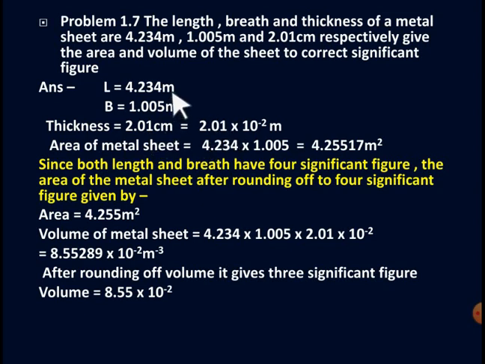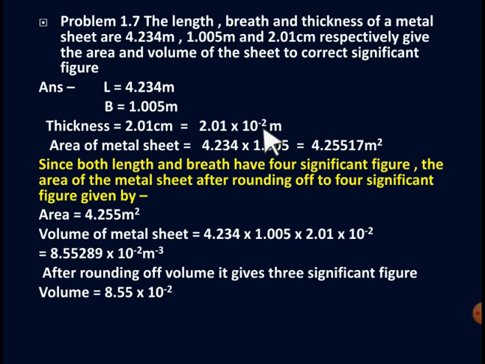Mind you that length and breadth are given in meter and thickness is given in centimeter, so you need to convert it in terms of meter so as to have the same unit. When you convert this centimeter into meter, it will be 2.01 divided by 100, and 100 in the denominator is equal to 10 inverse square.